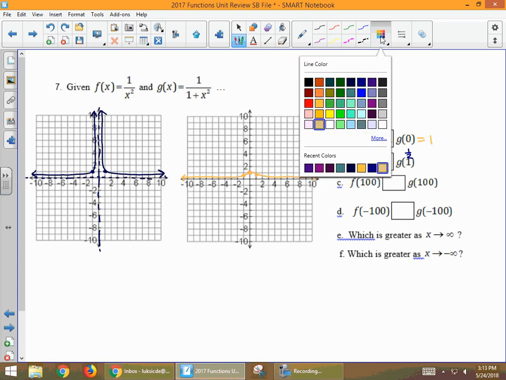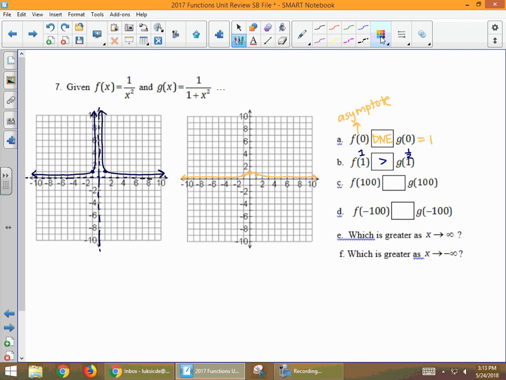So let's plug in some numbers for 100. So I have 1 over 100 squared, and I'm comparing that to 1 over 1 plus 100 squared. And it's easy to see that your denominator for g of x is going to be bigger. And that means this fraction is a smaller fraction.